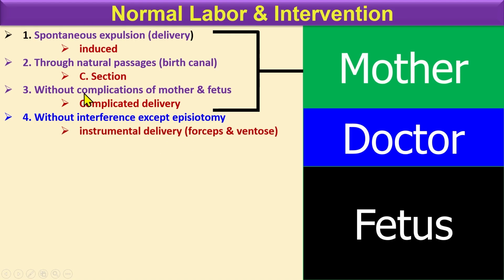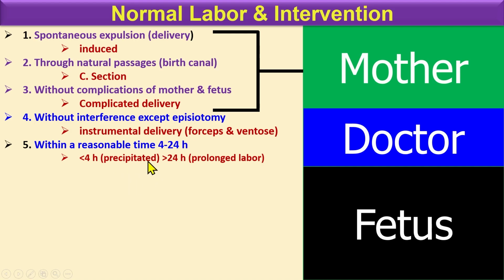Other options are instrumental delivery, forceps and ventouse. These are the interventions. It should be within a reasonable time, 4 to 24 hours. If it's before that, it is known as precipitated. If it's more than 24 hours, it is known as prolonged labor.